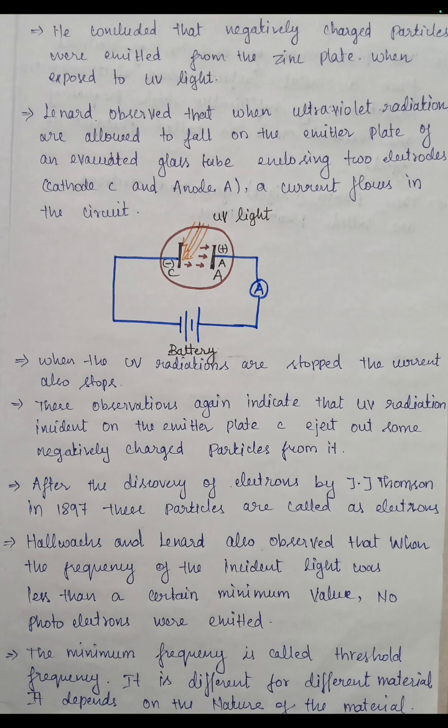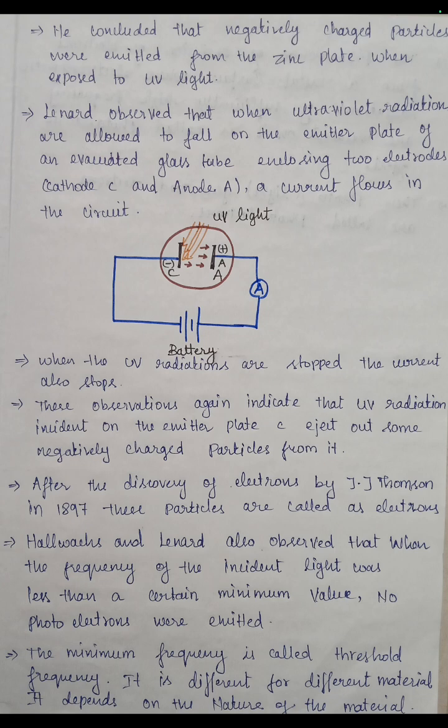These electrons are known as photoelectrons, and the current is due to these photoelectrons, so this current is known as the photocurrent. This cathode electrode is known as the emitter plate because it emits the electrons when the UV light falls on it, and the anode plate is known as the collector plate because it collects the photoelectrons. So this is the experimental study conducted by Lenard.